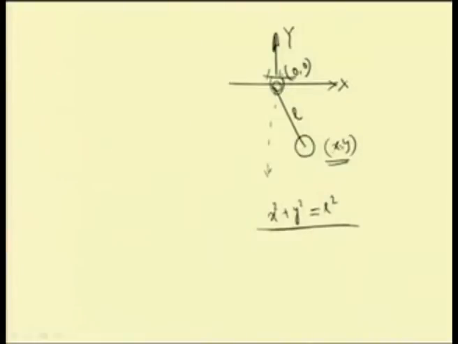Out of these two physical parameters, one parameter depends on the other. So, out of these two, one will be independent and the other dependent. One can use a single parameter to represent the position, either x or y, or in other words, one can use another parameter, that is theta.